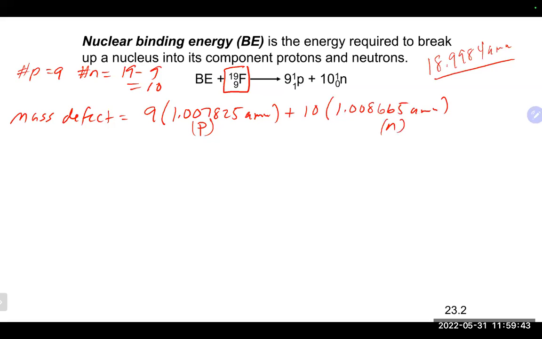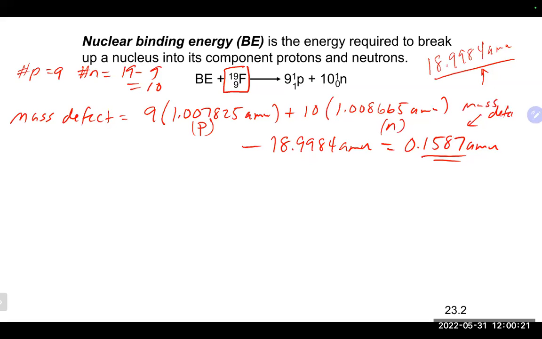We then subtract that from the atomic mass of the isotope, which is 18.9984 AMU. If we do that, we end up with 0.1587 AMU. This is what is known as the mass defect.